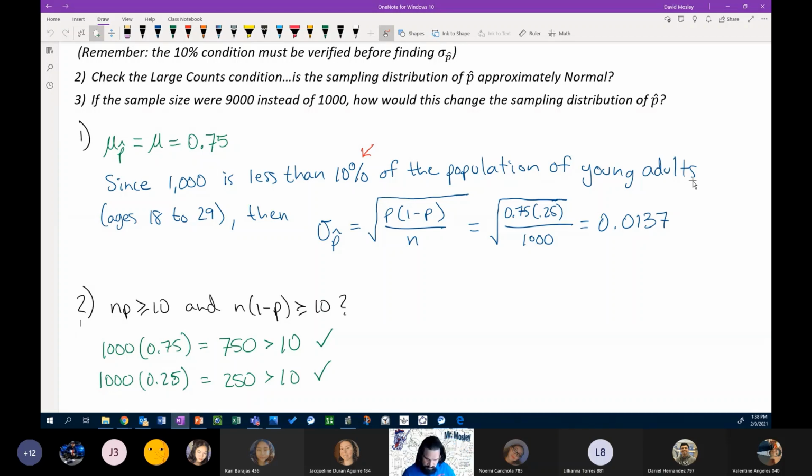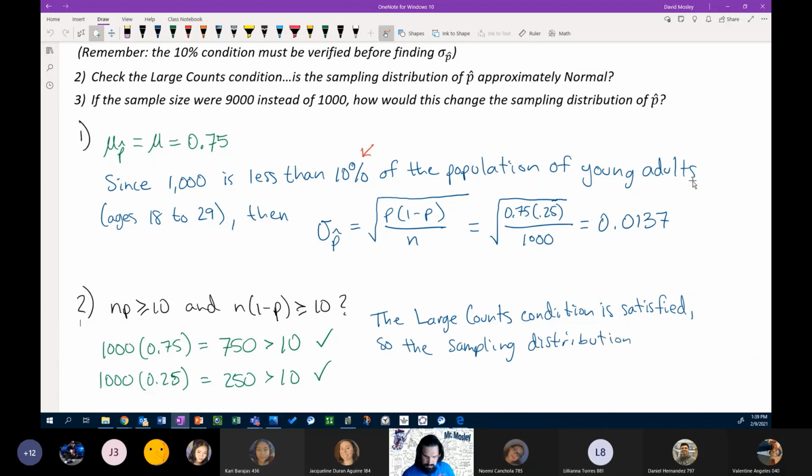So the large counts condition is satisfied. So the sampling distribution of p hat is approximately normal.